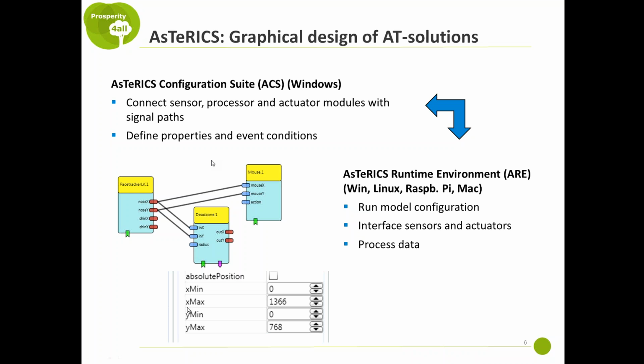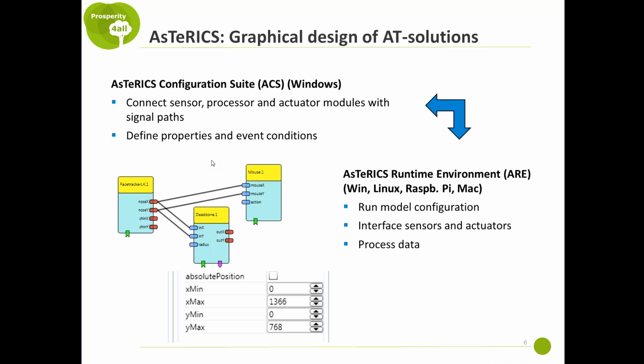Furthermore, the plugins have properties which you can use to adjust the behavior of the plugin, and finally there are also some event mechanisms, so you can also trigger or listen to events. This all can be defined in the configuration suite, and then you can execute that program.